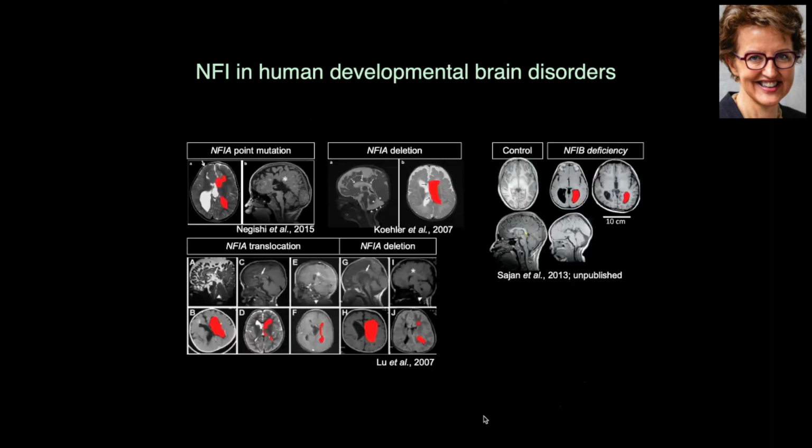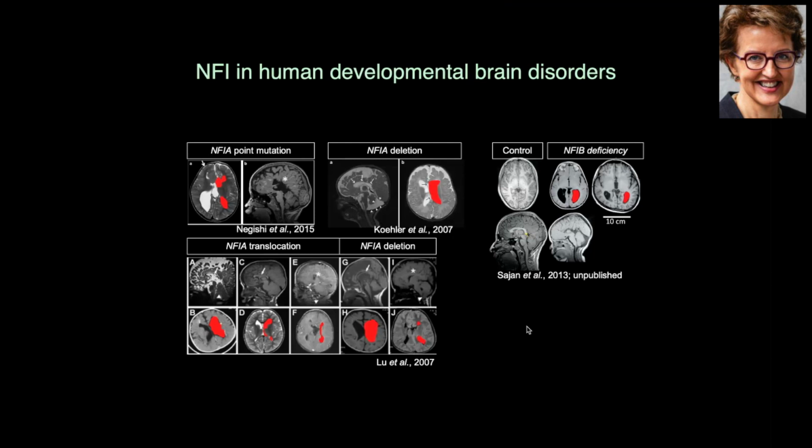All right, so here I'm just showing you NF1A mutations and NF1B mutations already mostly published, and just to demonstrate the enlarged ventricle phenotype. Now, of course, many individuals with corpus callosum malformations have this condition, which is known as colpocephaly. So that's an enlargement of the posterior horns of the lateral ventricles. But there are also enlargements in some cases of the lateral ventricles in the frontal regions as well.